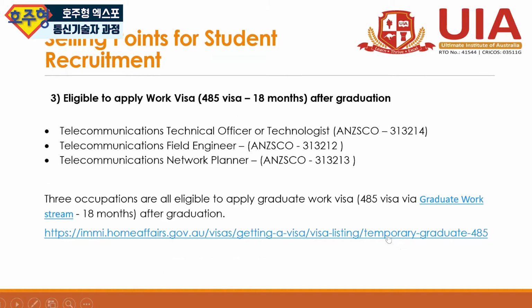If you need more information, you can check under this; we can forward this link after this session, so you can check what the requirements are. But basically the requirements for applying for this 485 visa, the temporary graduate visa, are your skills assessment outcome, your advanced diploma certificate with transcript, plus your English score. So that gives eligibility to apply for this visa.